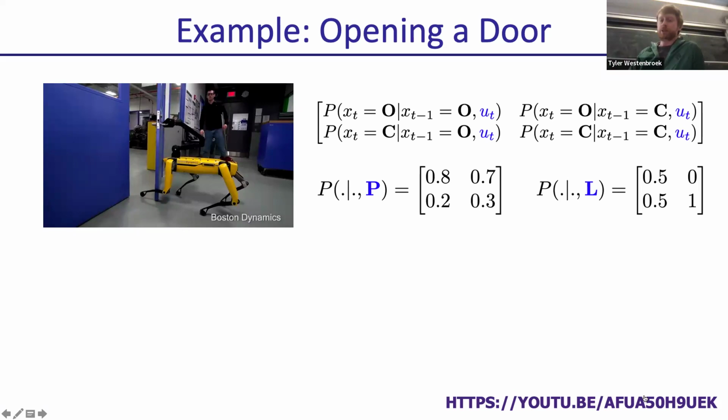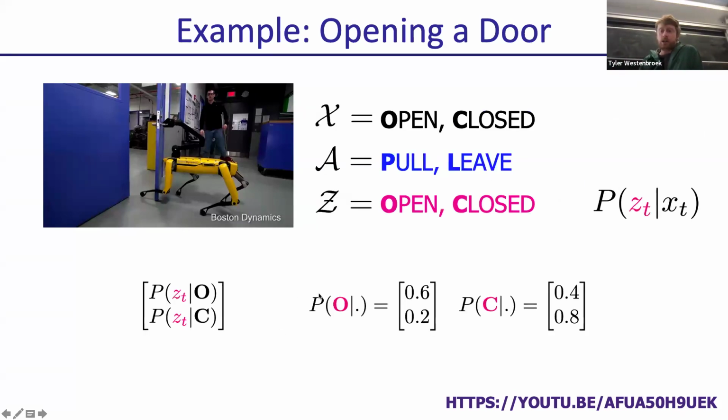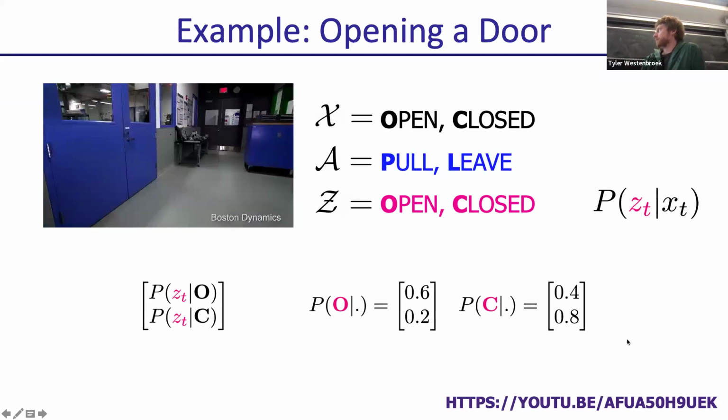On the right is the probability of states given that I'm going to try to leave. So we have an observation for what the chances are that the door is going to be open or closed in the future, given whether or not it's open or closed. And these are going to be a vector.